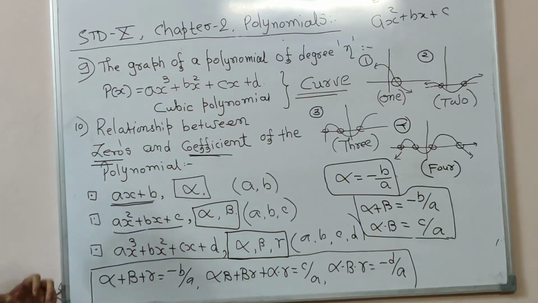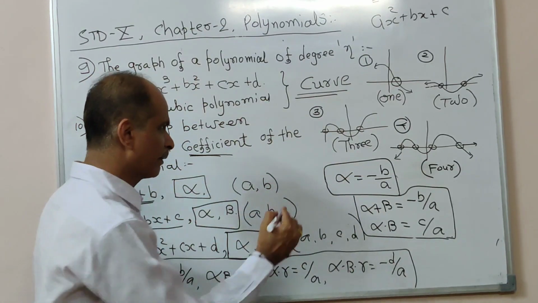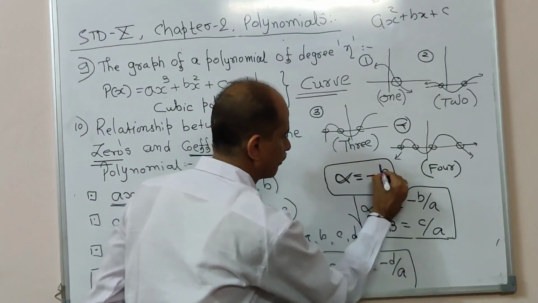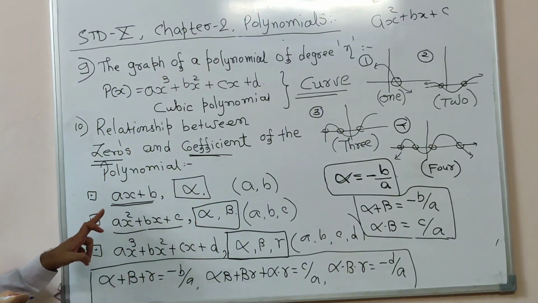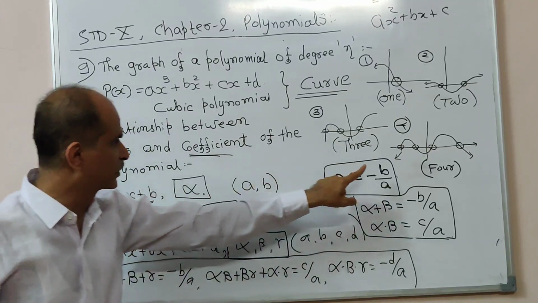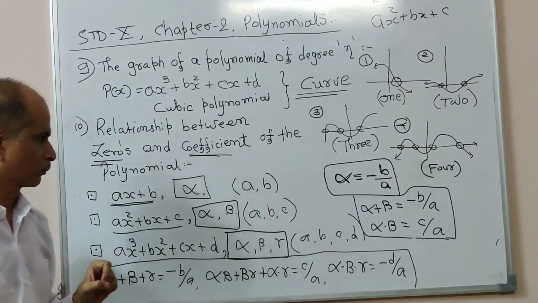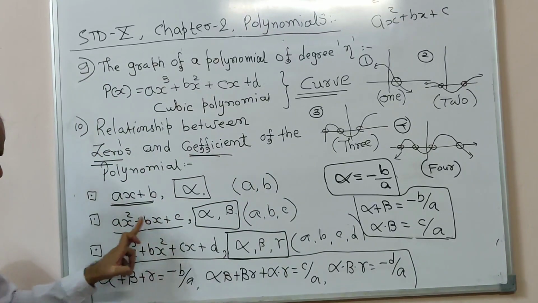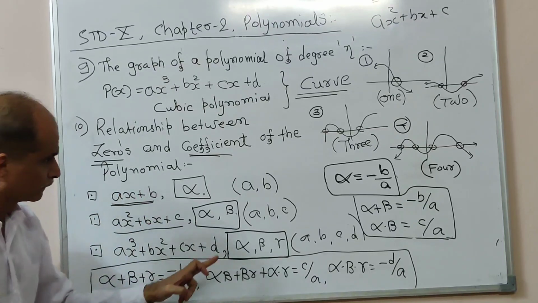So if it is a linear polynomial, then the relationship is alpha is equal to minus b by a. So minus b, b means the constant coefficient, upon the coefficient of x. If it is a quadratic polynomial, the general formula is ax square plus bx plus c.